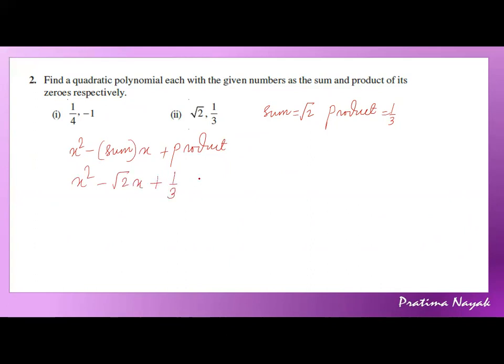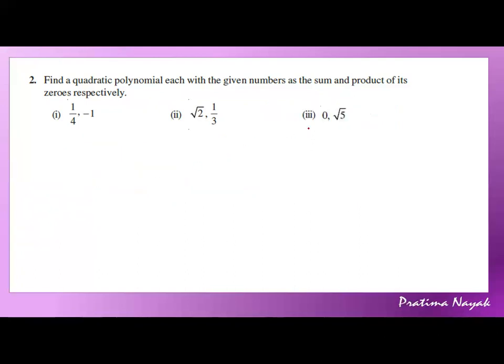Is it the answer? No. What to multiply? 3 throughout in each term. So this will be 3x square. When 3 is multiplied here for the second, it will be minus 3 root 2x. And for the third, certainly 3 will be cancelled. So it will be plus 1. This is the answer.